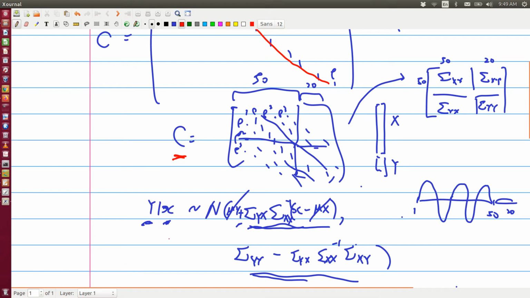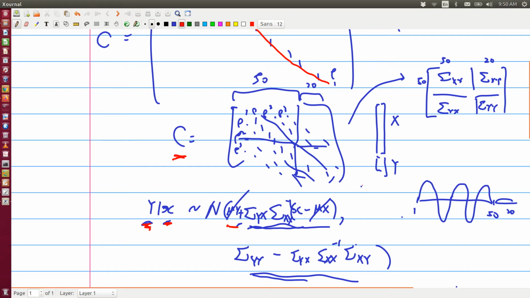Then, by what we discussed in class, once we have something observed, basically x is observed, the remaining y has a distribution that is also Gaussian. So y given x is Gaussian, and the mean is equal to mu y plus sigma yx, sigma xx inverse, times x minus mu x.